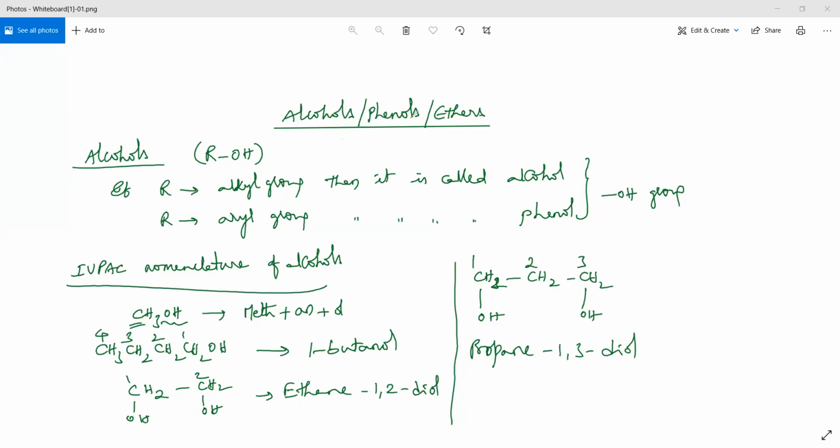Now alcohols in the first compound. Now can you see alcohols, phenols, ethers? Okay. Now in that alcohols, the general representation, as you can see here, is ROH, right?